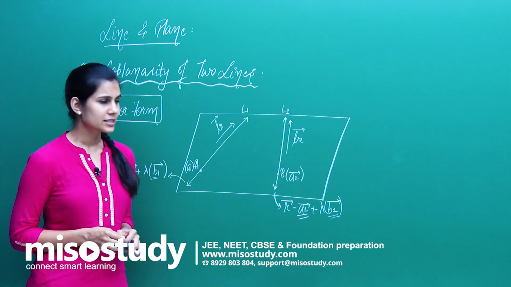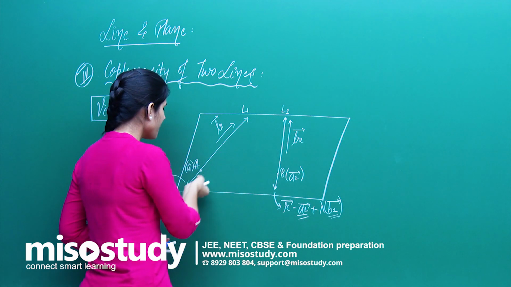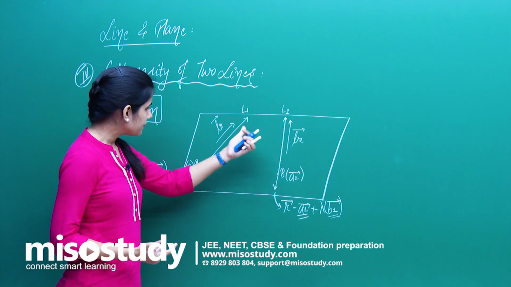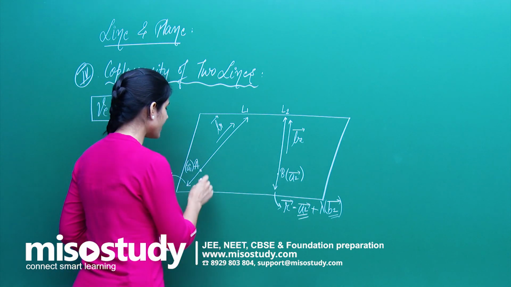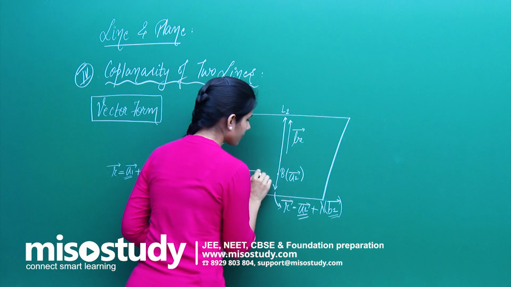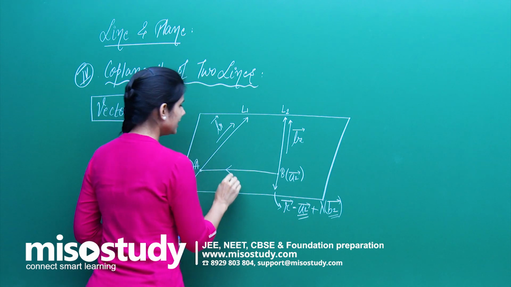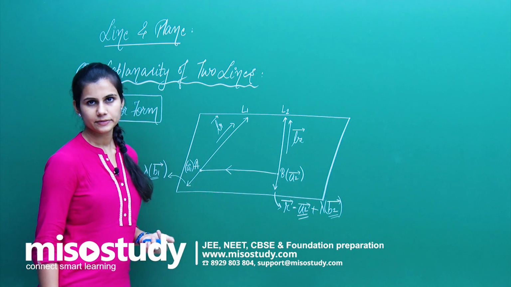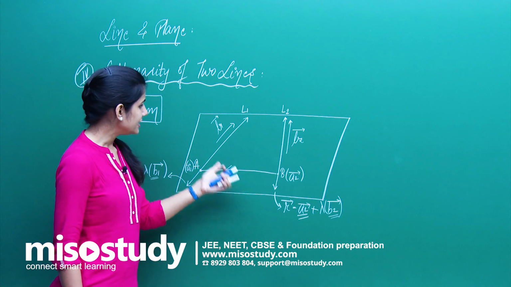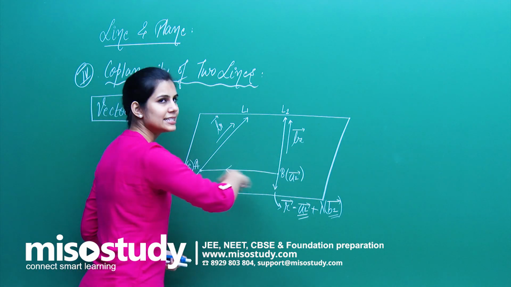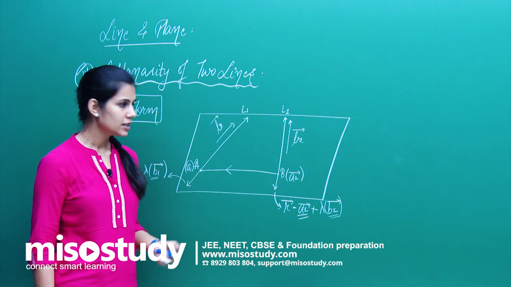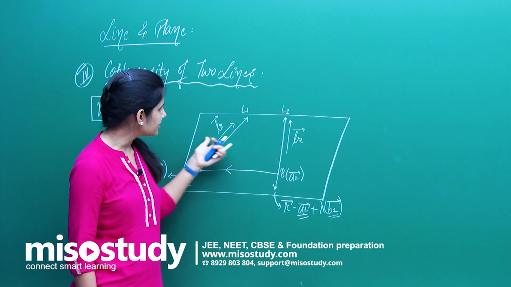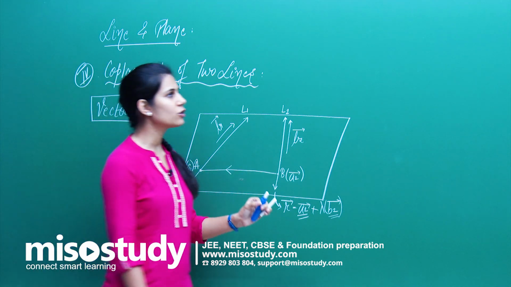Now see something very obvious. I have already discussed this conclusion in the last lecture. If these two lines are lying in the same plane, keep your imaginations active, it's very obvious that if I talk about the BA vector, b1 vector and b2 vector, there is no wonder that these three vectors are also going to lie in the same plane. If the two lines are coplanar, it is but obvious that these vectors will also be coplanar.